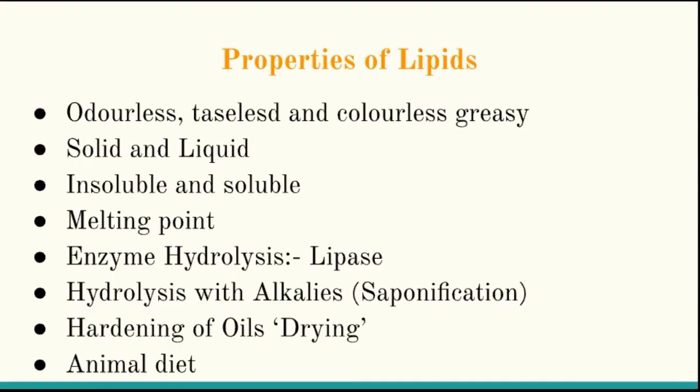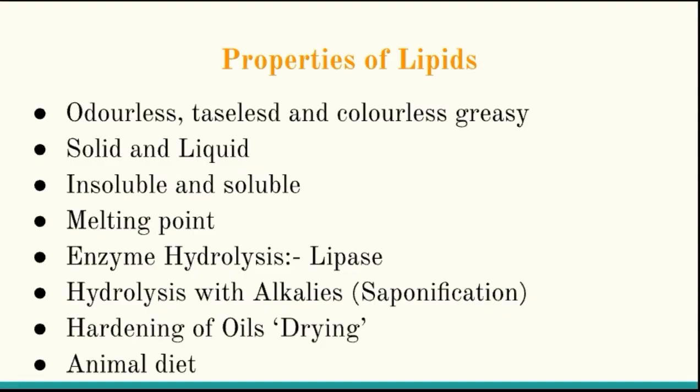Are lipids used in the animal diet? Yes, lipids have food value and form an important source of energy and a component of the animal diet. It is an abundant source of energy.